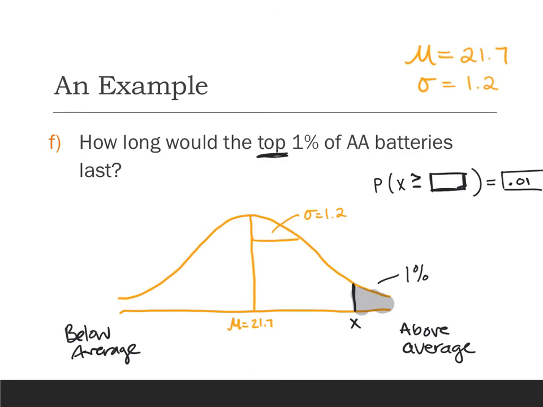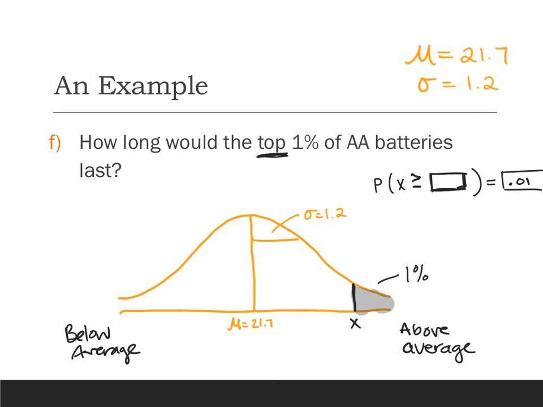I didn't change this sign right here, and I went ahead and hit calculate and got 18.9. Well, no, that is not the top 10%, or even top 1%, excuse me. That's the bottom 1%.